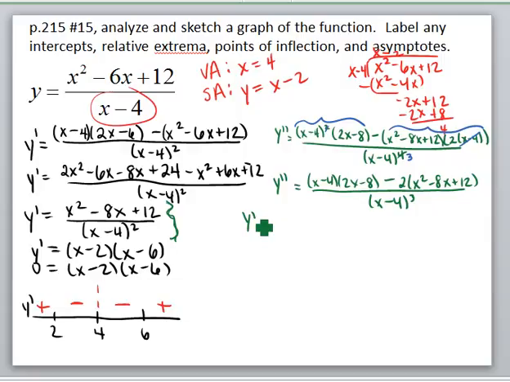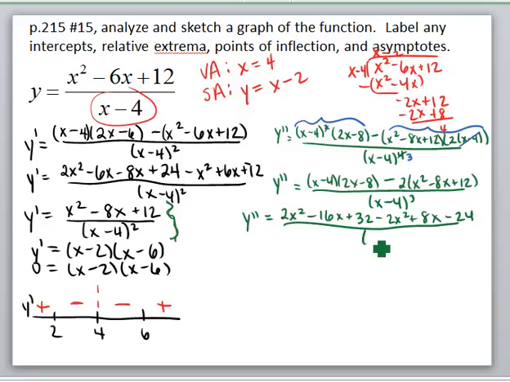Now it looks like this isn't going to simplify very well, but it actually does. On top, when I FOIL this, I get 2x squared, minus 8x, minus 8x is minus 16x, and a positive 32, minus 2x squared plus 8x minus 24, all over x minus 4 cubed.